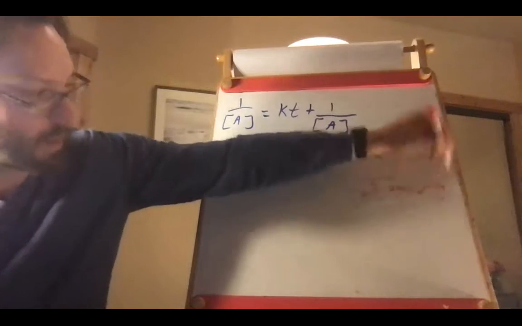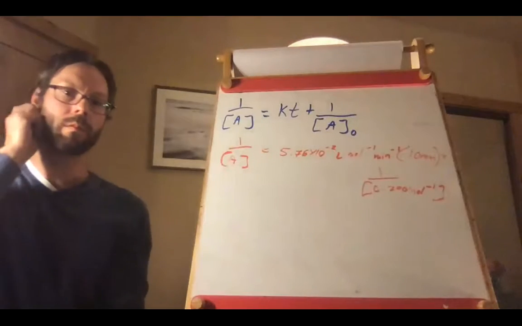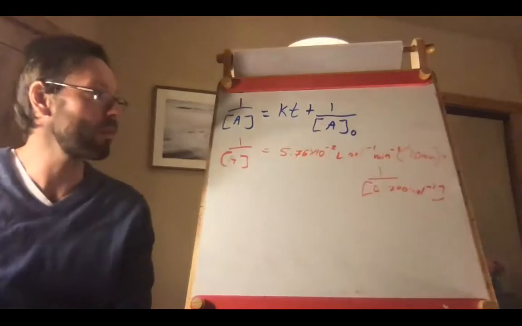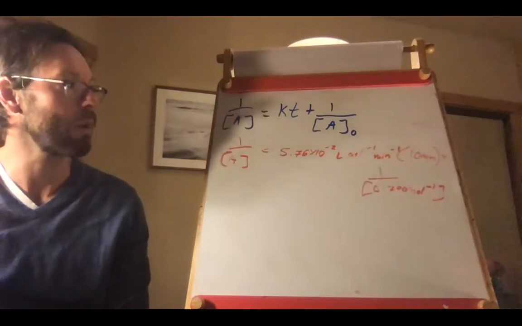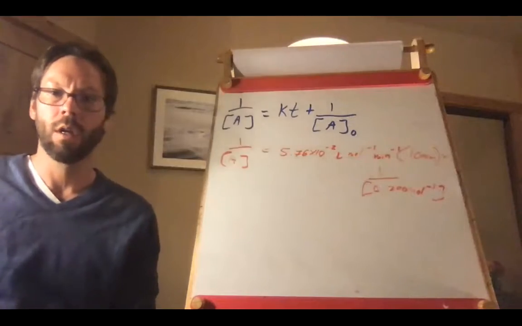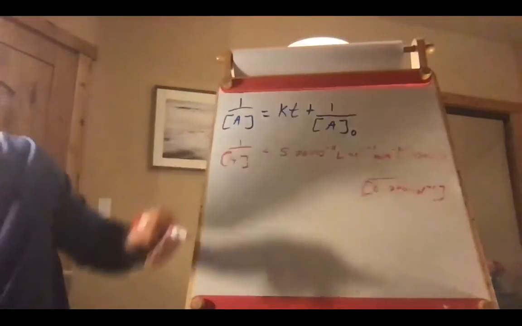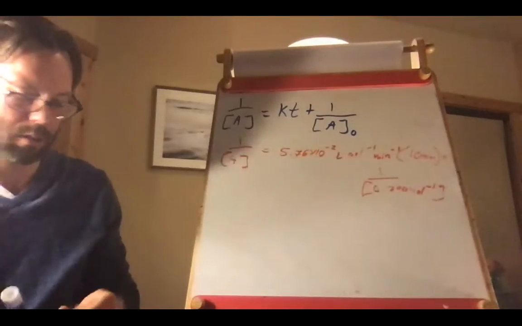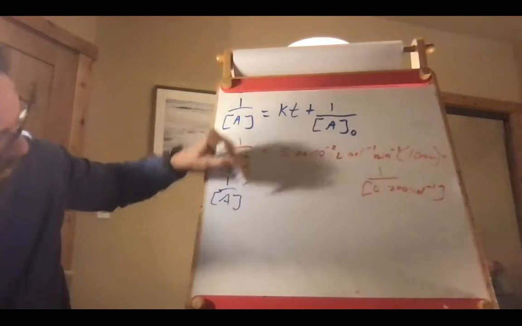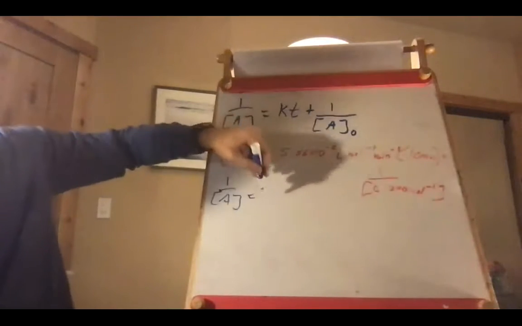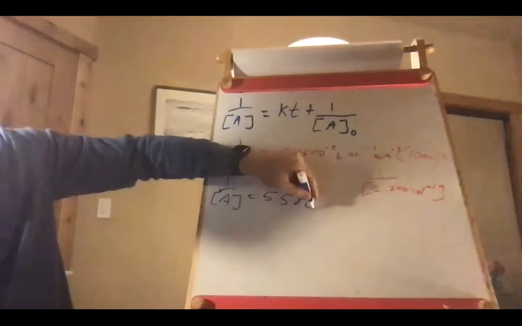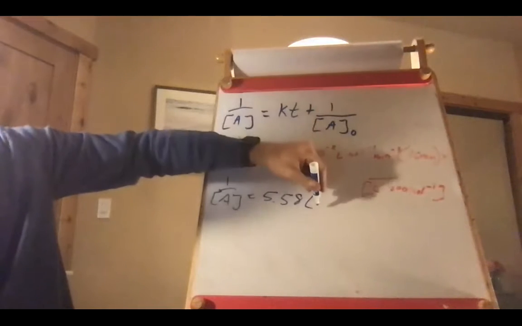Okay. So if we take 5.76 times 10 to the negative 2 times 10, plus 1 divided by 0.2, we should get 1 over A concentration equals 5.58 liters per mole.